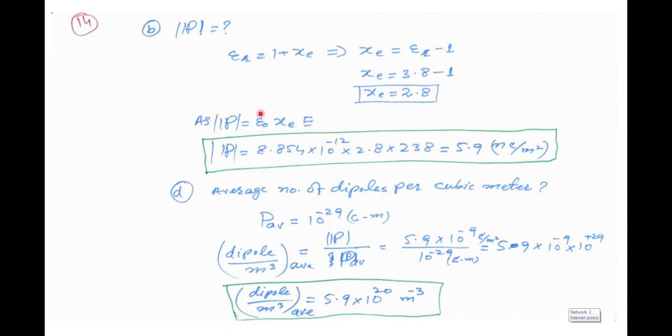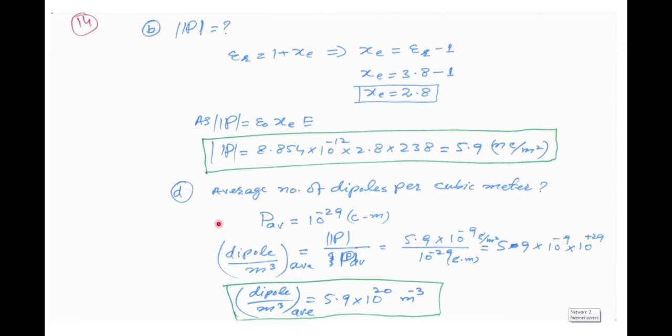Plug in these values. We also know the electric field which we obtained in part A. So insert the numerical values of each factor in this relation. We come across this value of the magnitude of polarization, which is equal to 5.9 nanocoulomb per square meter.